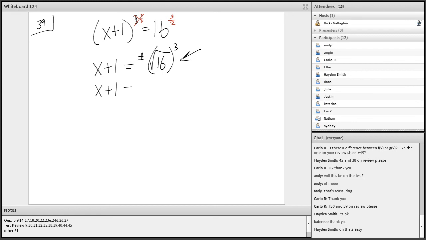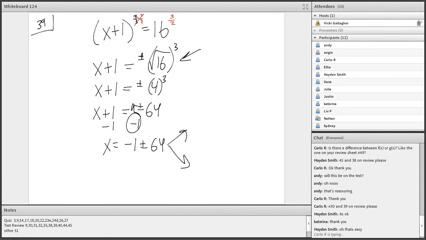Okay, so right now I'm just going to try to figure out what that right side turns into. The square root of 16 is 4, and 4 to the third is 64. Next I'm going to subtract 1 on both sides. I'm going to put that negative 1 right here because that's the least confusing place I can think of to put it. And then I am going to get two answers to this problem.